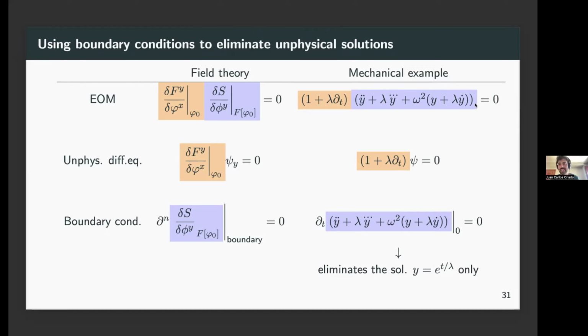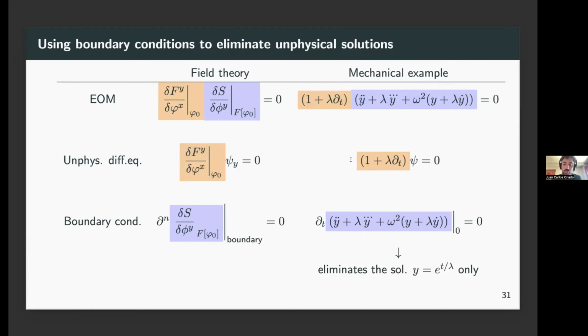But at least in the classical theory, what you have is your original equation of motion applied to the redefined field. So this is the harmonic oscillator equation, the blue part, and then some differential operator acting on it, coming from the field redefinition, and that's the orange part. The reason why you get unphysical solutions here is that the orange part being there does not guarantee that the blue part is zero, right?